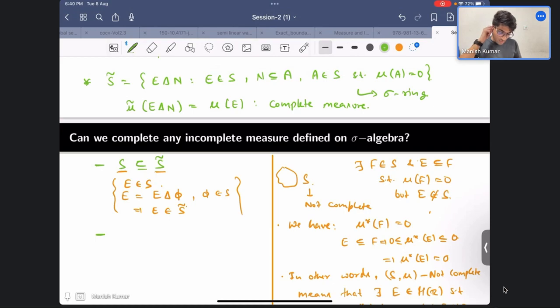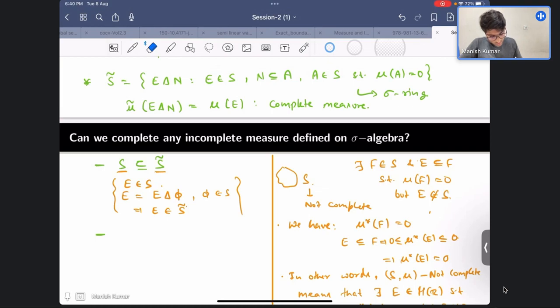Now, what I was saying is that this S tilde is just adding those sets which have outer measure 0 or which are subsets of some measure 0 set.